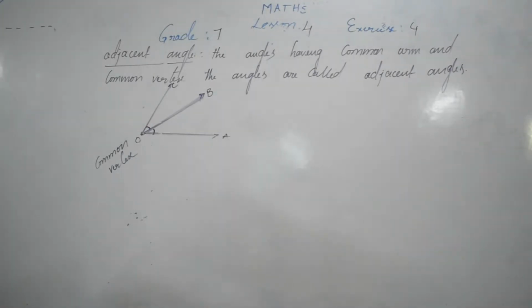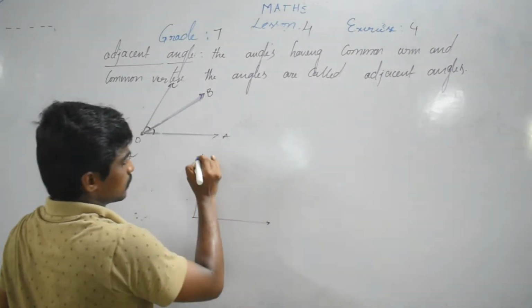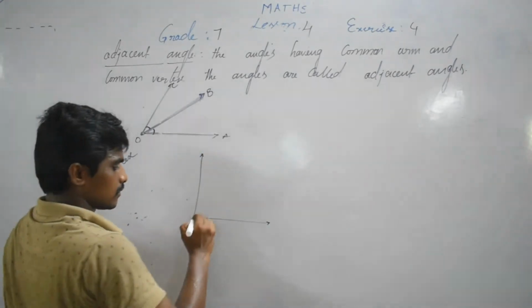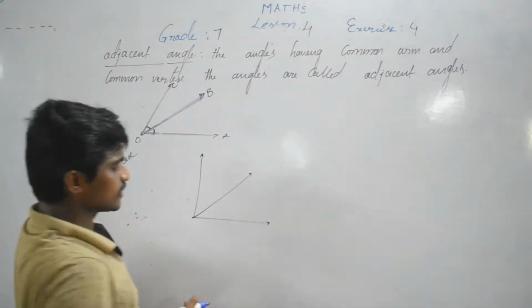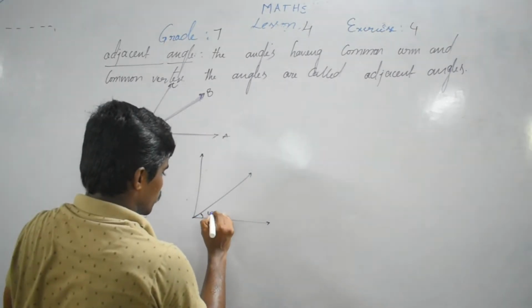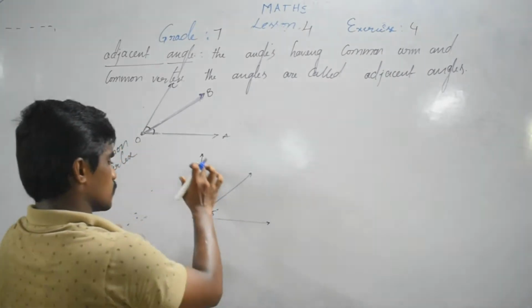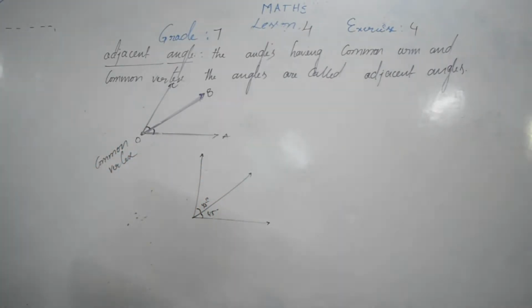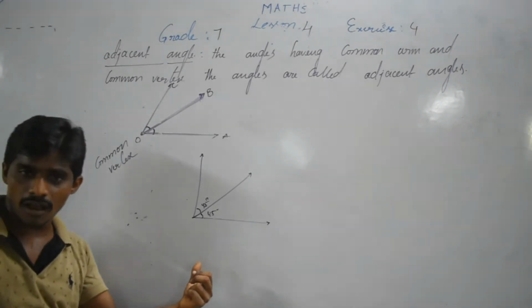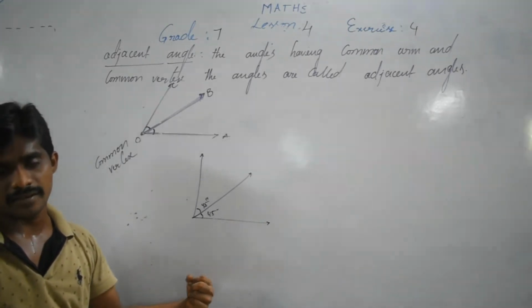Now clear? So this is a right angle. This is an adjacent angle. So here 45, here 45. So this one we call a right angle, and also supplementary, complementary angles.